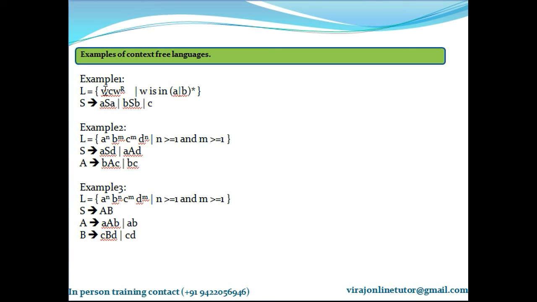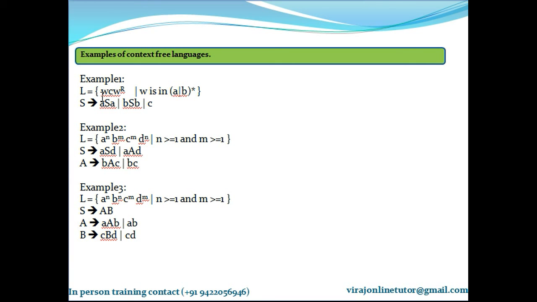Okay. So this is the language that is given to us, which says W is in (A or B) asterisk, meaning W used in this language can be 0 or more repetitions of A or B. It says W, then a character C and W^R, meaning the same W that you have written here, write it in reverse here.